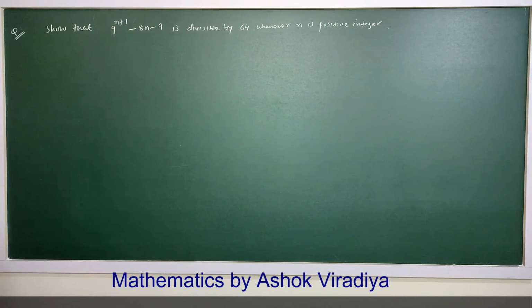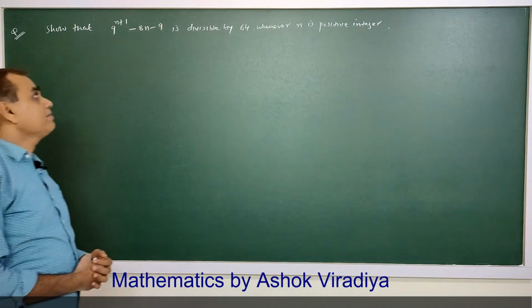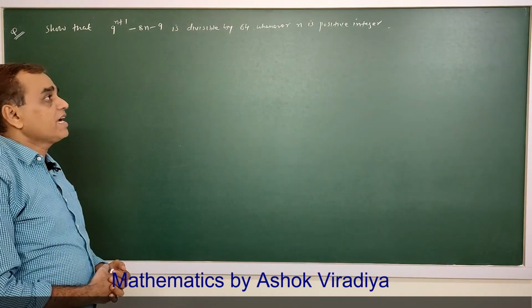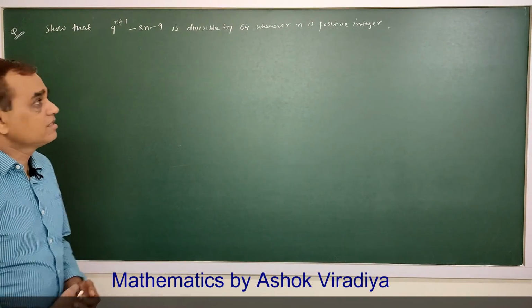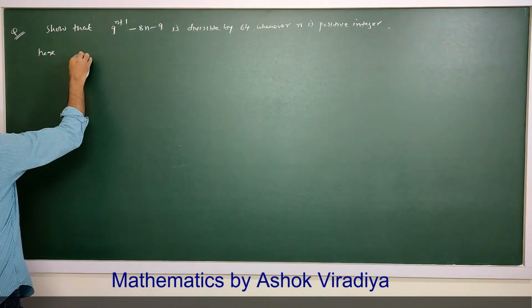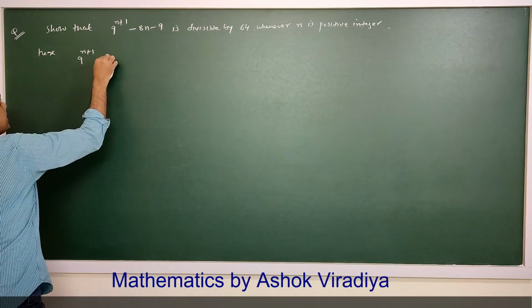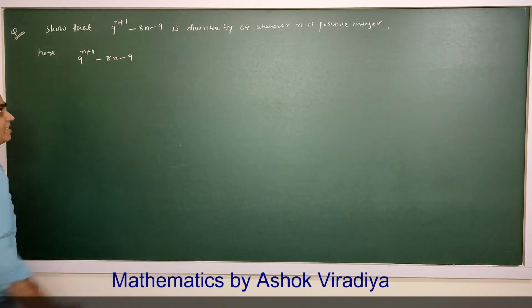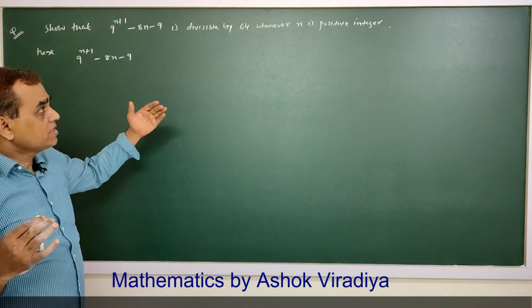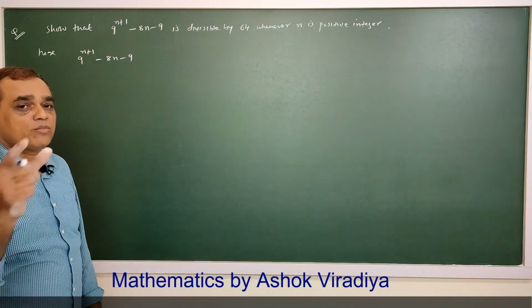Show that 9 raised to n plus 1 minus 8n minus 9 is divisible by 64 whenever n is a positive integer. Here, 9 raised to n plus 1 minus 8n minus 9. We are going to show this result using the binomial theorem.